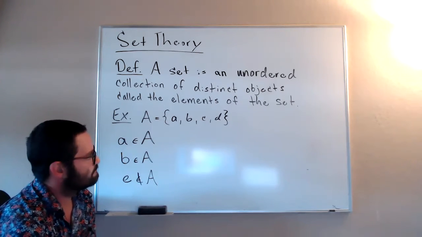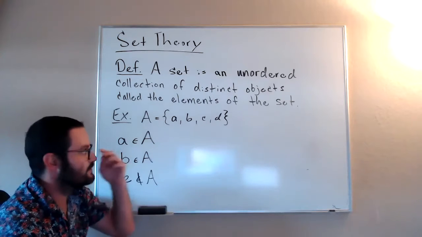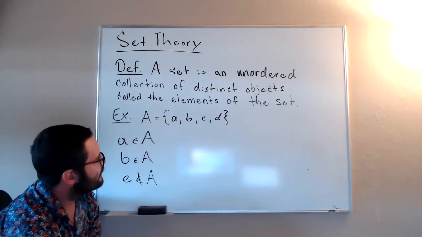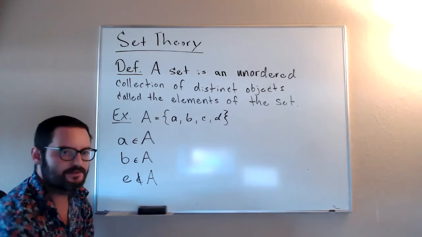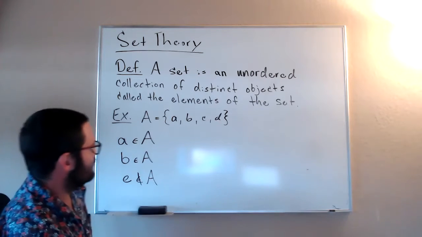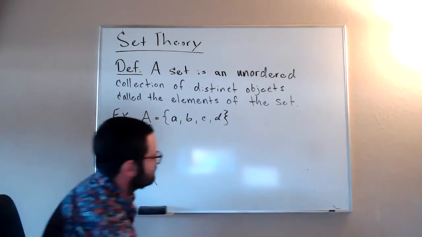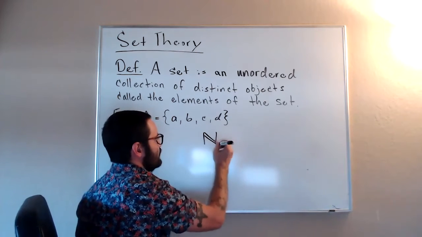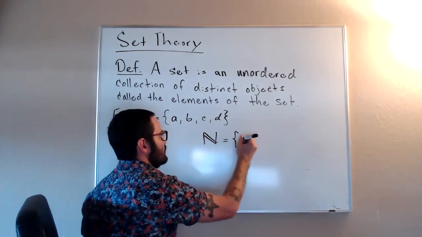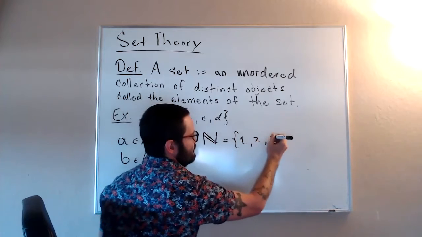So for sets, there's no ordering to the elements in the set, and they can have any number of things in them. In fact, you can have sets inside of sets. So let's look at some well-known sets. We have, for example, the natural numbers. These are some infinite sets.